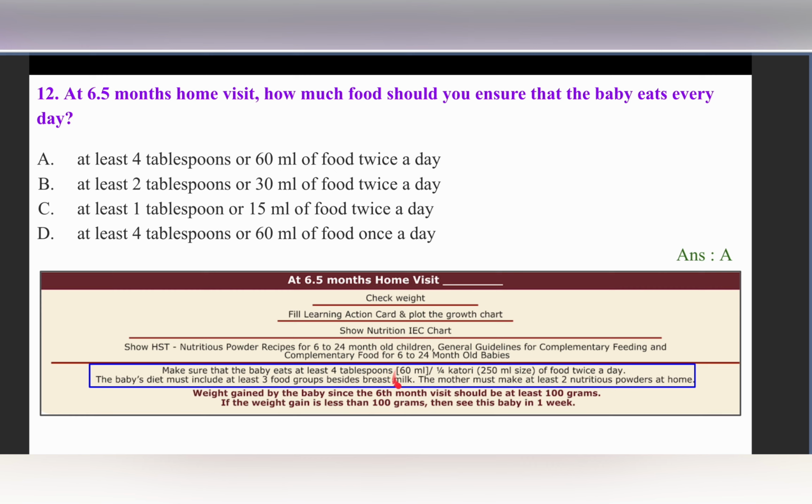So it is around 1/4 of the reference cup, which is around 250 ml. So at least 4 tablespoons, that is 60 ml, or this 1/4 cup size of food twice a day, right? So option A, at least 4 tablespoons or 60 ml of food twice a day.